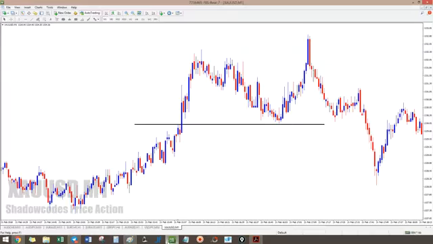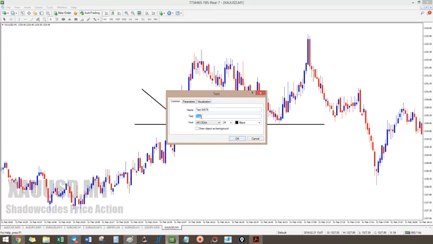Okay, so this one actually should be a good trade, but maybe inside here we got another base in the tick chart. Over here we will find a base.